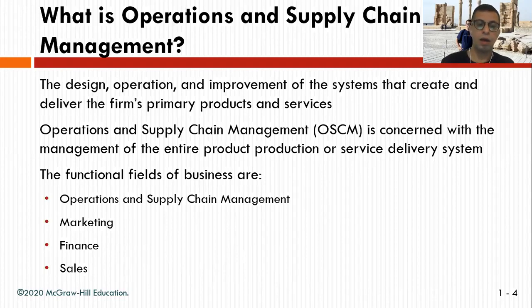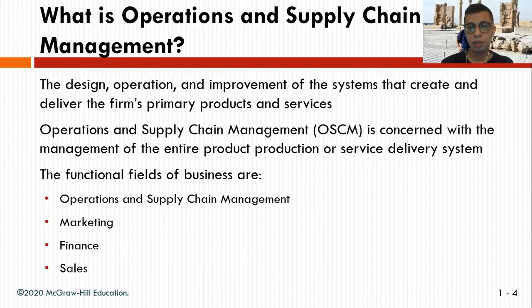OSCM, operation and supply chain management, is concerned with the management of the entire product production or service delivery system. We will talk more about product production and service delivery systems separately, and try to analyze them and see what we need to know about them to improve the service or to improve the product.